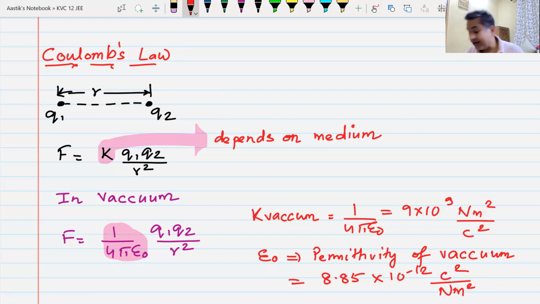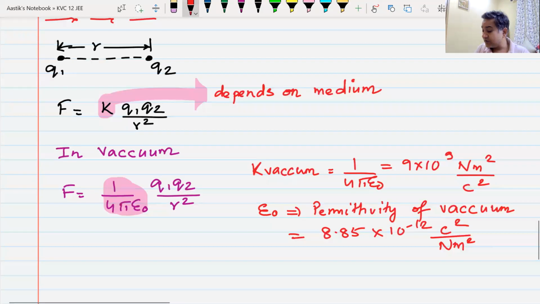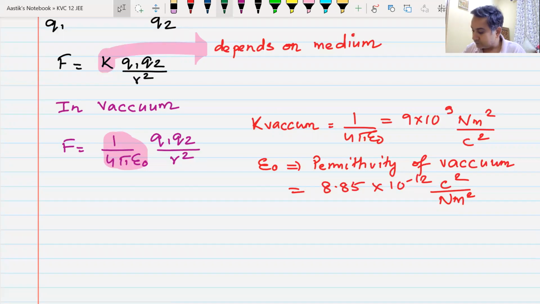This is the formula in vacuum, but if I have these two charges in a medium, then what is the formula? What will be the formula when these two charges are not in vacuum, but they are in some other medium, surrounded by some other medium?